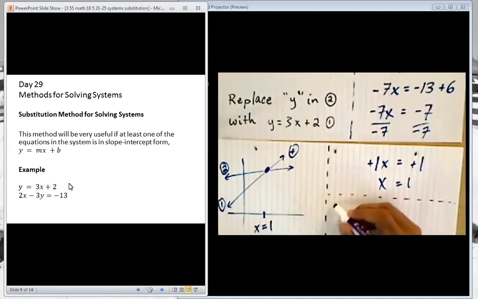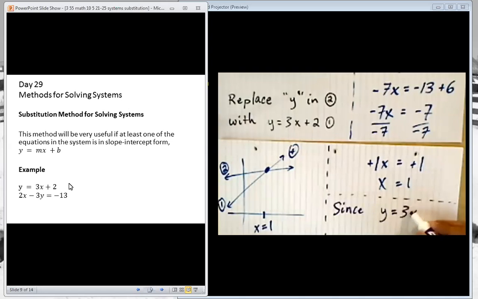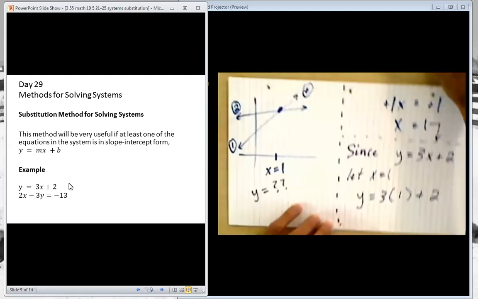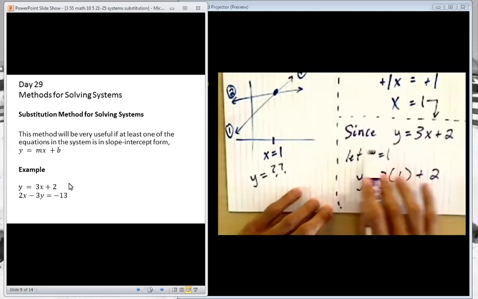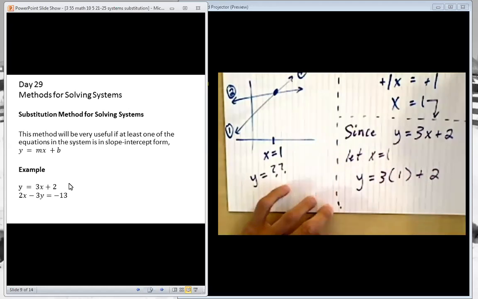Remember, since we have y is equal to 3x plus 2, given in the question, we let x equal 1 in there, and we work it out. Let x equal 1. Since y is equal to 3x plus 2, let x equal 1.